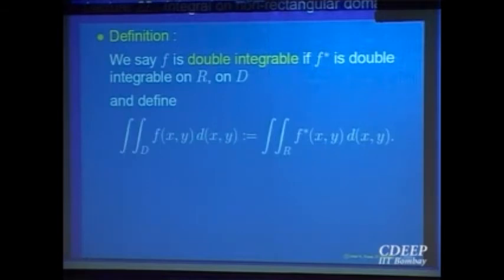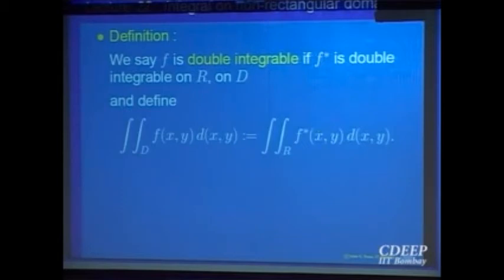It's clear? So first define on the rectangles, which is very clear, I can do it, and intuitively if you put it equal to 0 outside, then I can find out also, by extending the function to be 0 outside. And say that if the extended function is integrable on the rectangle, then the integral is equal to the integral of the original function. Clear? So for the function f, if the extended function is integrable on the rectangle R, then we say the original function is integrable on D, and the integral of f on D is equal to the integral of f star, the extended function, on the rectangle.